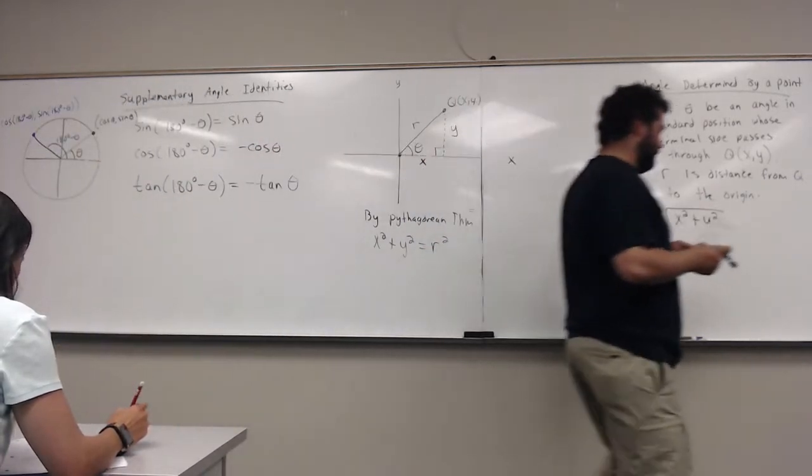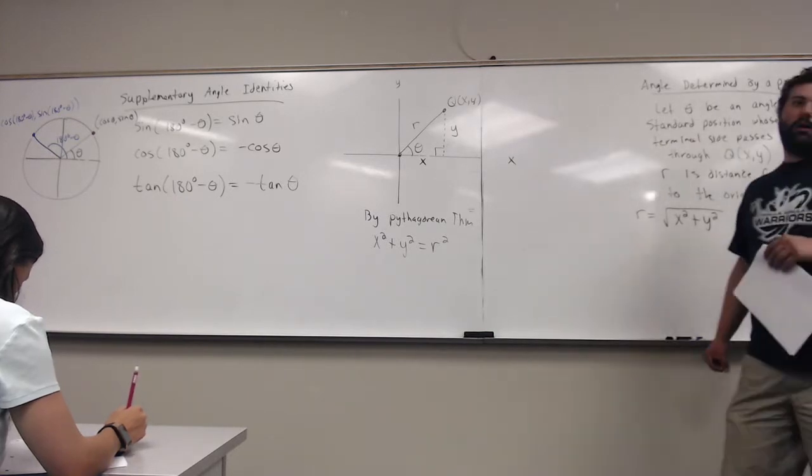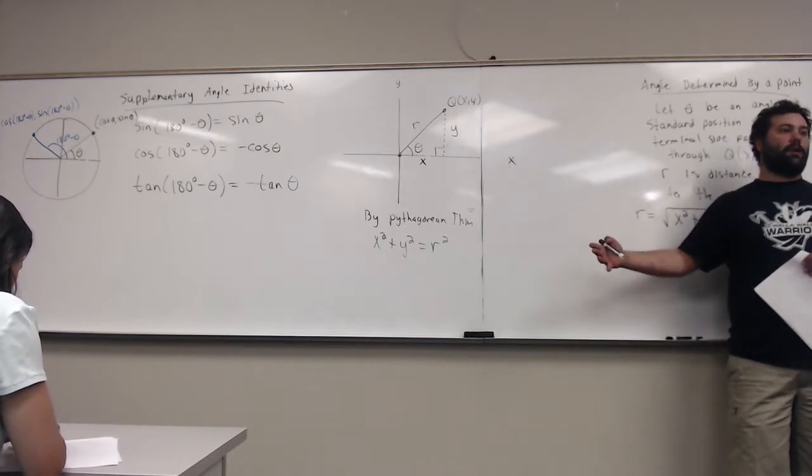And then, given that angle and the coordinates of the point, you can find the values of sine theta, cosine theta, tangent theta. And there's a formula in the textbook for recovering the angle. I don't like the formula. I don't like memorizing that many formulas.